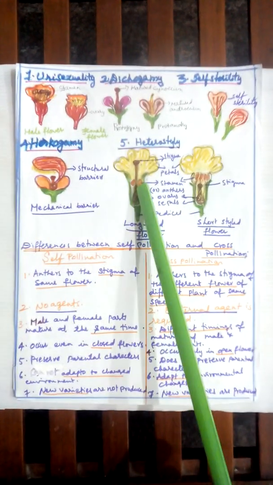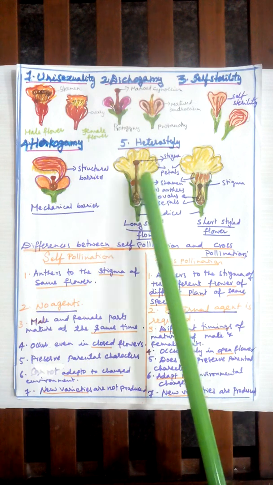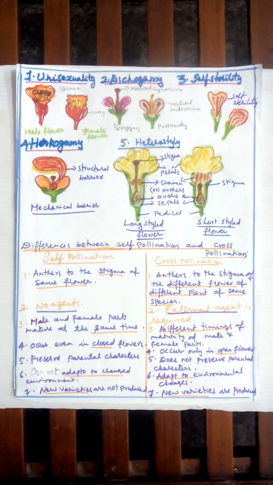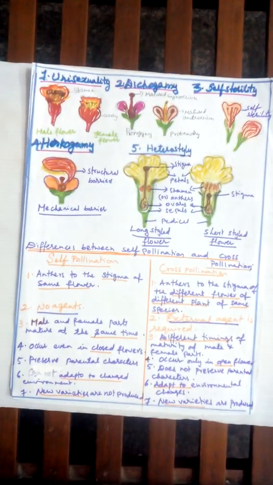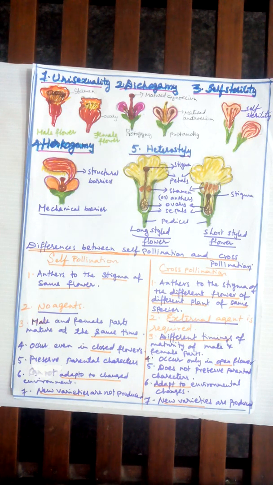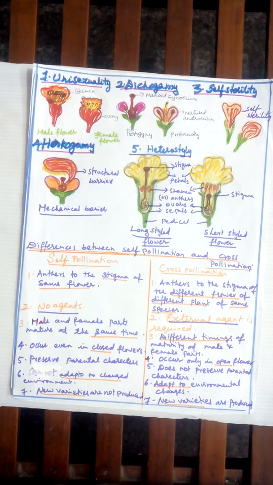Now we are moving to the fifth condition called heterostyly. In heterostyly, the stigma and anthers grow at different heights, which does not favor self-pollination.